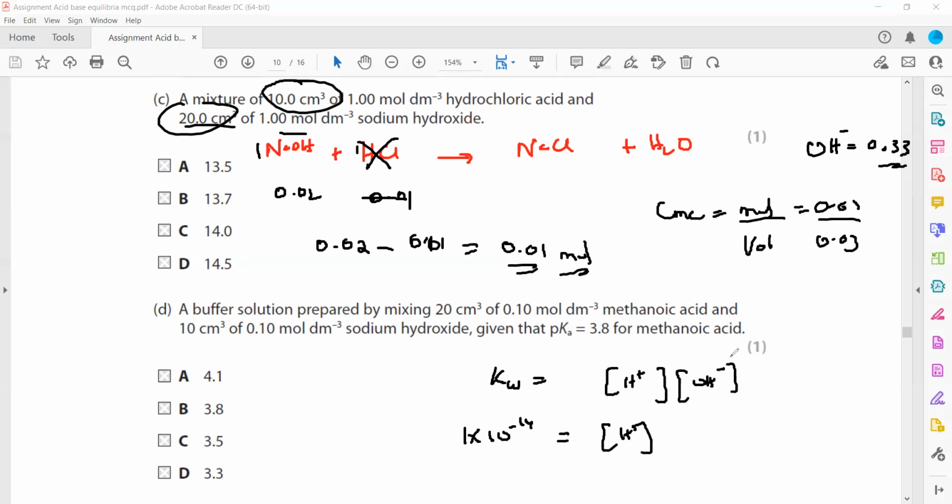The hydrogen ion concentration we don't know in this sodium hydroxide, and the hydroxide concentration is 0.33. So when we simplify and find the pH, that will give us around 13.5, so A will be the right answer. After getting the hydrogen ion concentration, we substitute in the formula pH equals minus log of hydrogen ion concentration.